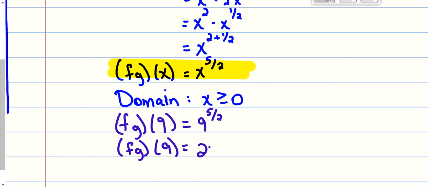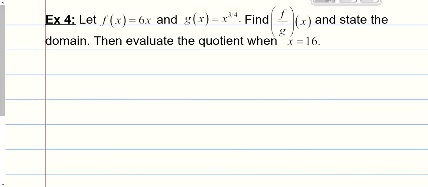So there we go, 243. And highlight that. We have our domain here, and f times g of 9 is 243. And moving on to our last example.